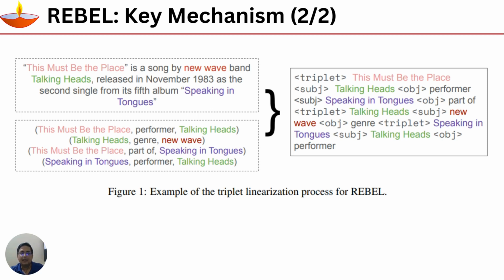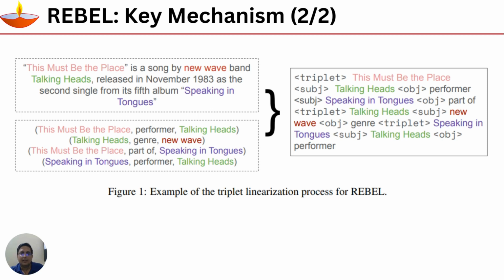The second triplet is Talking Heads. Now that is the subject we have, and New Wave is essentially the object, and genre is essentially the relationship between the subject and object.